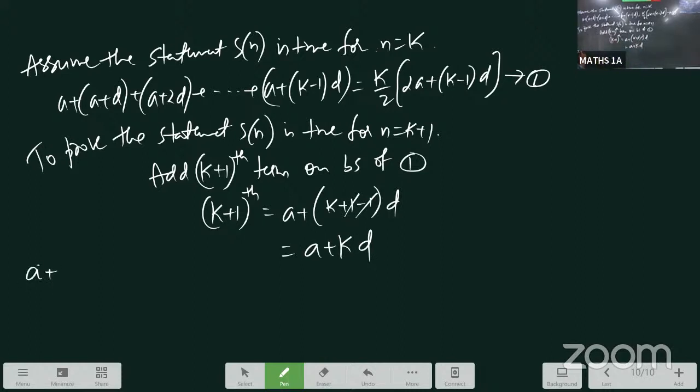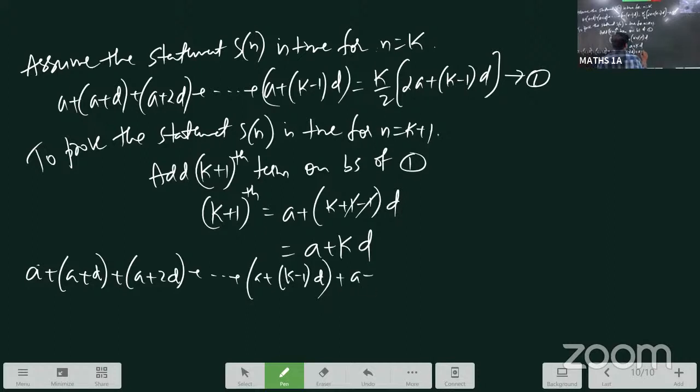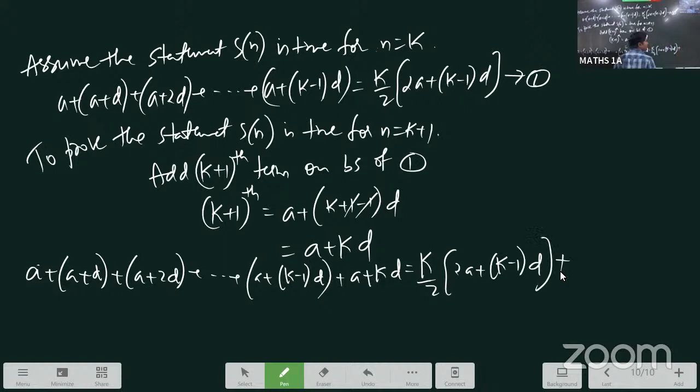That is a plus d plus a plus 2d plus so on plus a plus (k minus 1) into d plus a plus kd is equal to k by 2 into (2a plus (k minus 1) into d) plus a plus kd. Is it clear? So I added this term on both sides of equation 1, the same thing on both sides, correct?